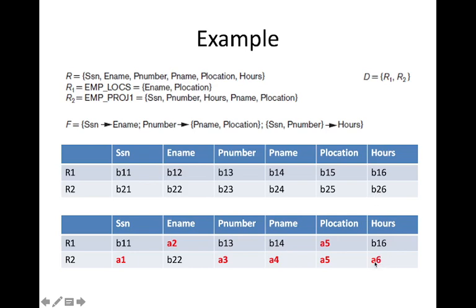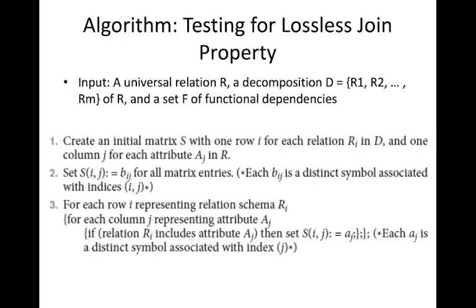After that, P name, we change to A4, A5, like that. Okay, that is what we have done here. Hope you have understood this. So the third step is also over. If that attribute is present in a particular decomposition Ri, then we make it Aj.